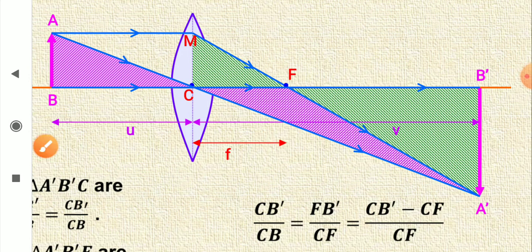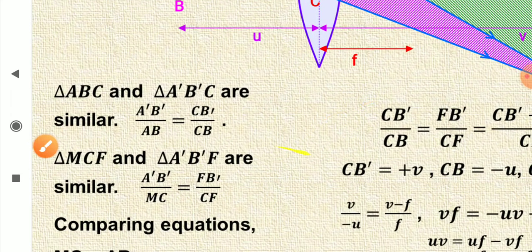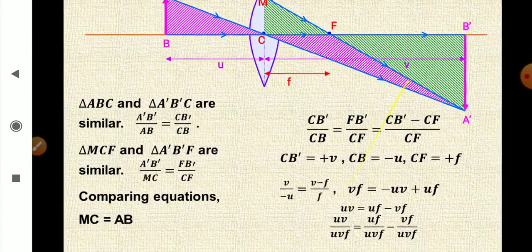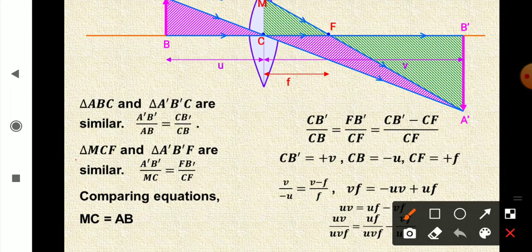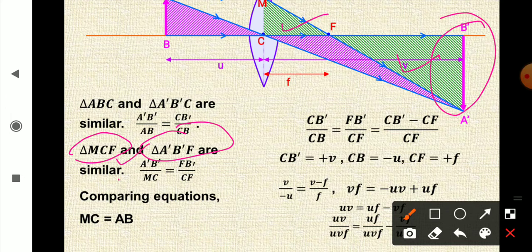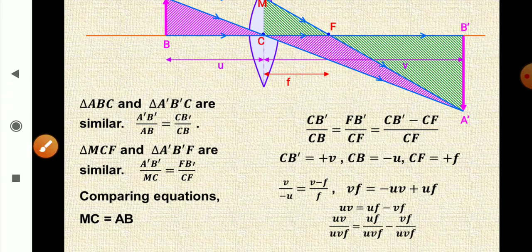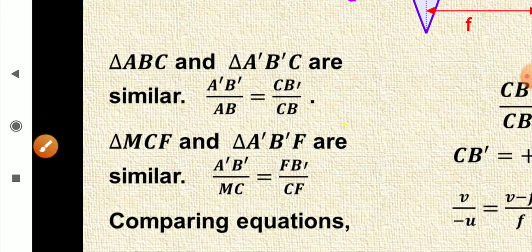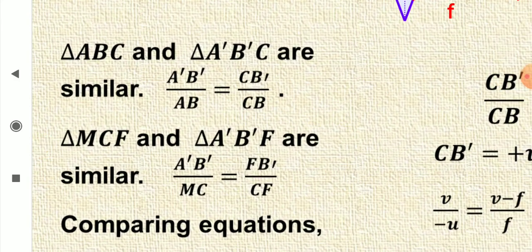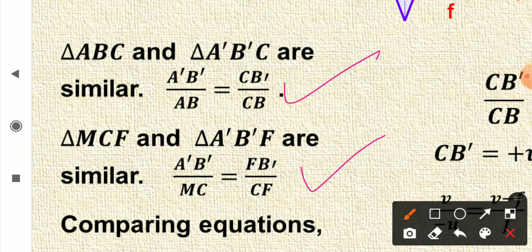So let's see what we do now. In triangles MCF and A'B'F, the ratio of these perpendiculars A'B' upon MC is equal to ratio of bases FB' and CF. Now you compare this equation and this equation.